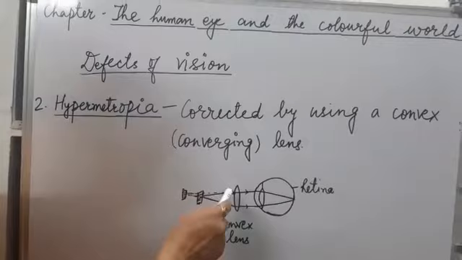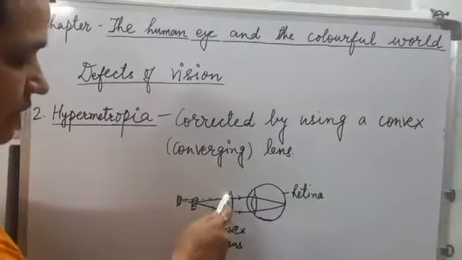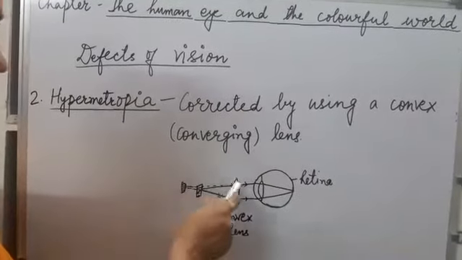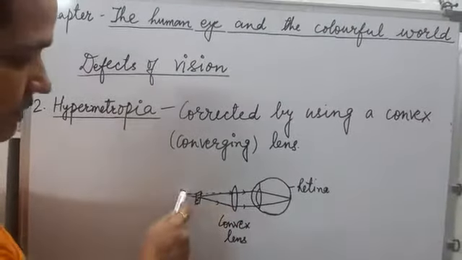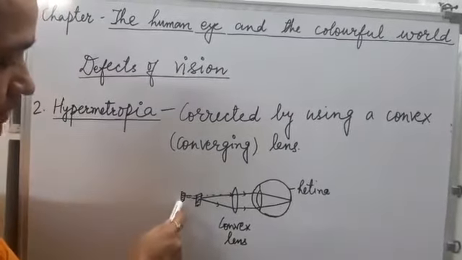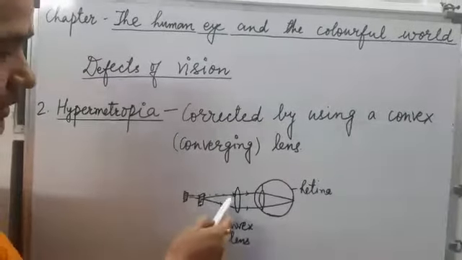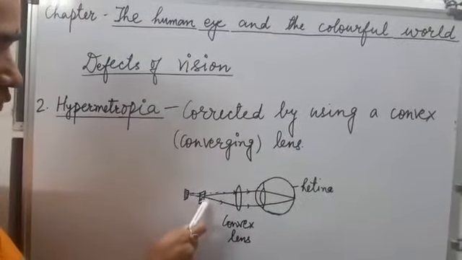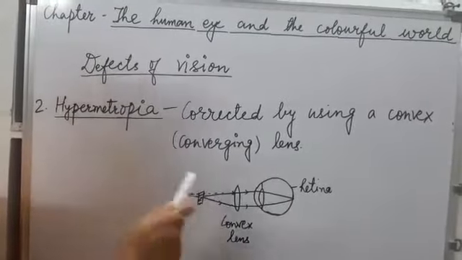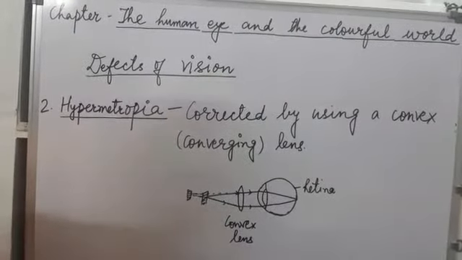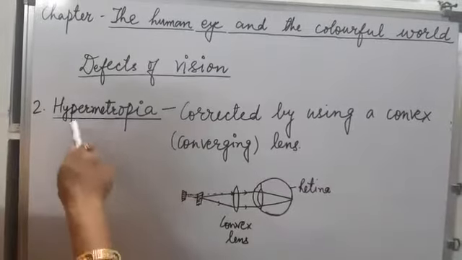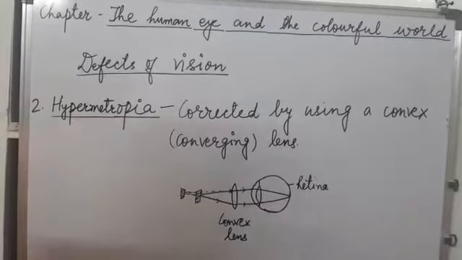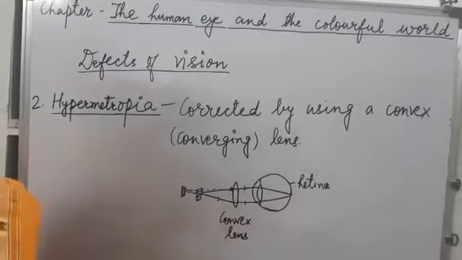Now if we trace these rays coming from this convex lens, then this virtual image is seen to be formed here. Here the near point of the eye recedes away from 25 centimeters to more than 25 centimeters. So this is how hypermetropia can be corrected by using a convex lens, that is a converging lens.